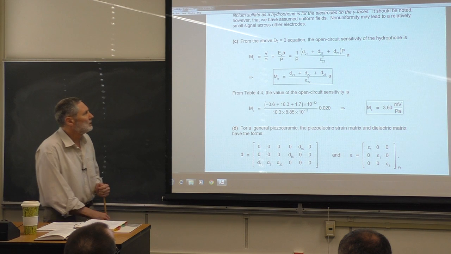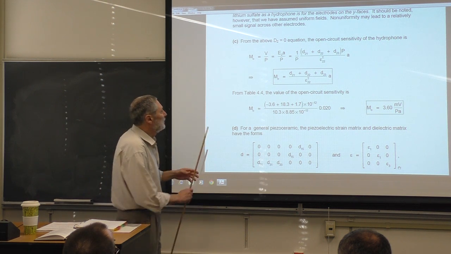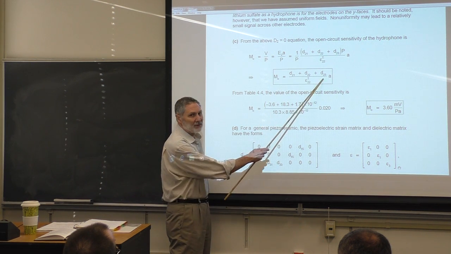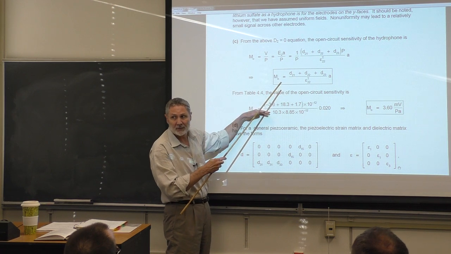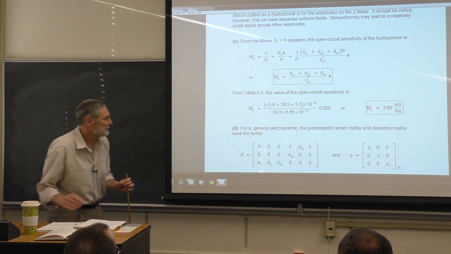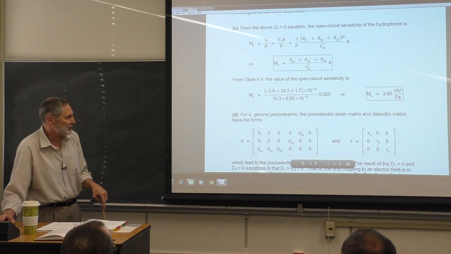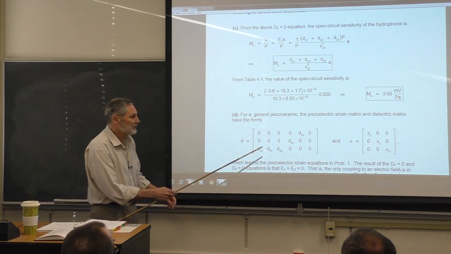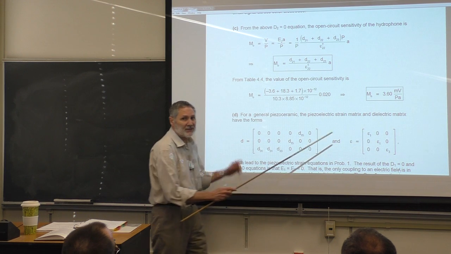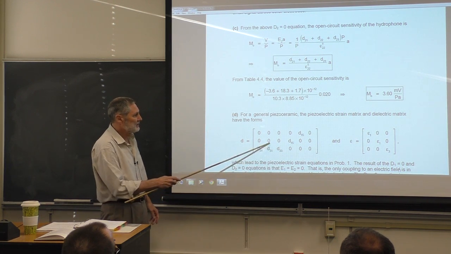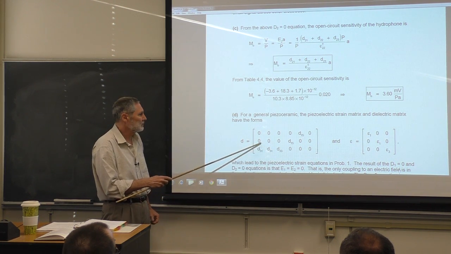This was for lithium sulfate, that was assumed, right? So we got to go back now. And here, for a general piezoceramic, it's simpler, no off-diagonal terms. We have this axis of rotational symmetry. There are more zeros here, simpler.